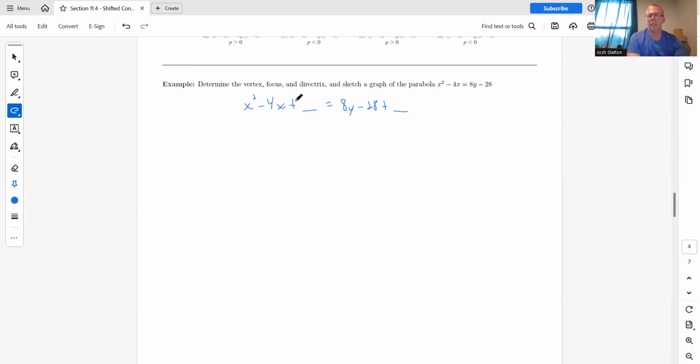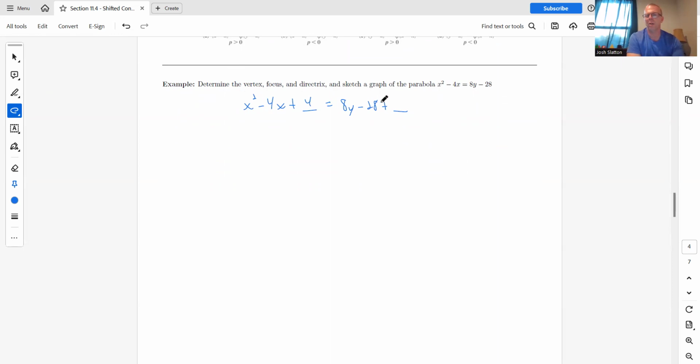So basically, we need to add something so that we can factor this trinomial and get a perfect square, and then whatever we add here, we have to add over here. Since it's an equation, we've got to keep it balanced. So the way to get what we need is you divide that middle number by 2 and then square it. So -4 divided by 2 is -2, and then -2 squared, of course, is 4.